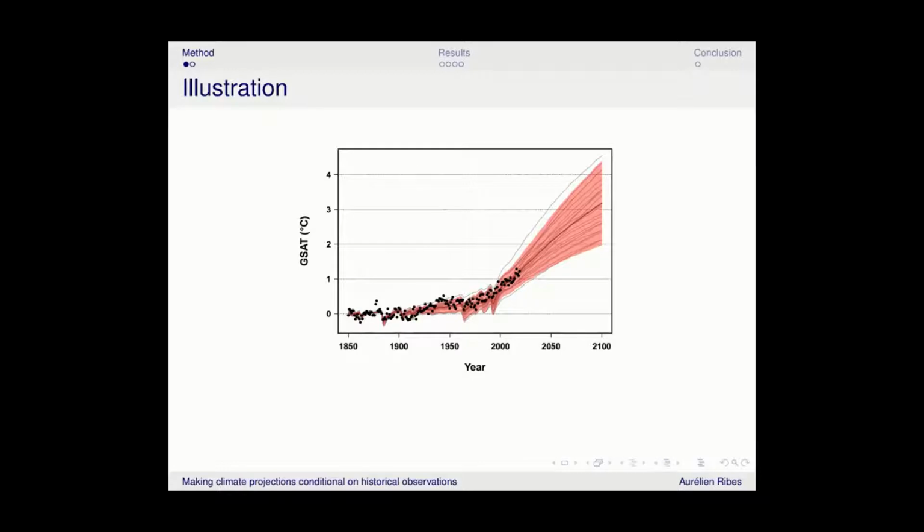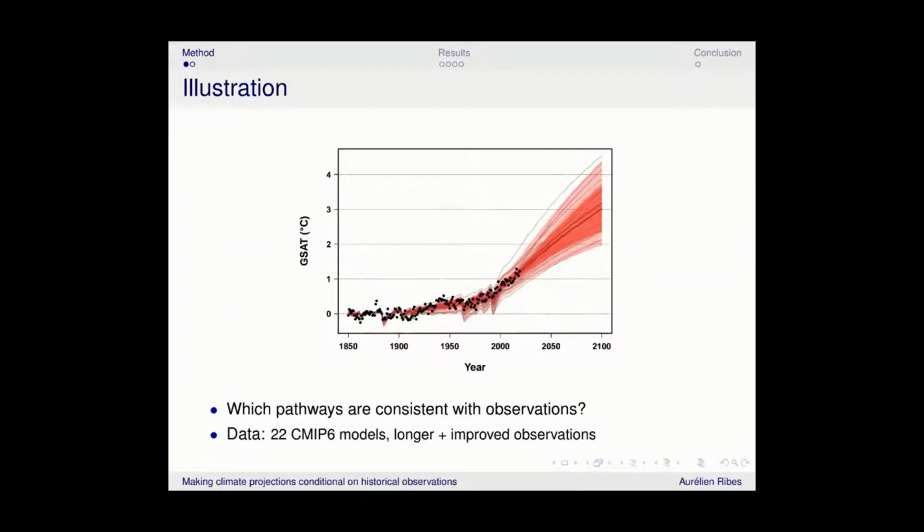So there is an attempt, in our case, to calculate the distribution of all these time series, including the future values, conditional onto these observations, which is what is shown here. The pink range is the unconstrained CMIP range, and you get a constrained range after conditioning by these observations, in red.